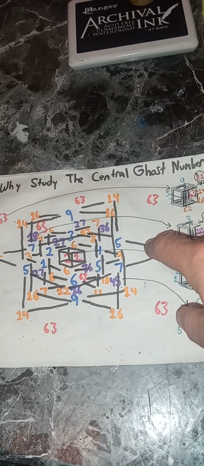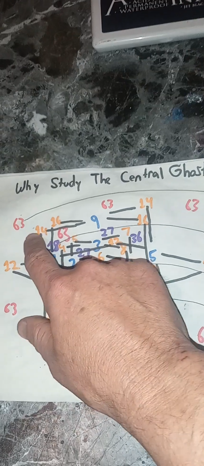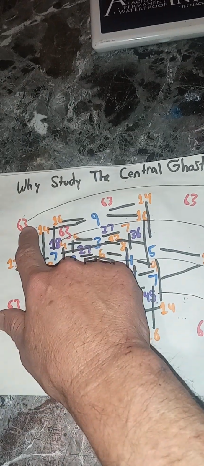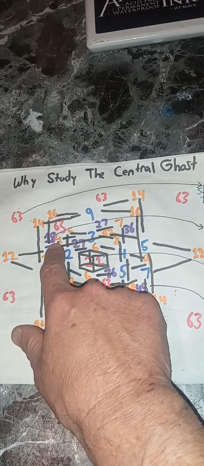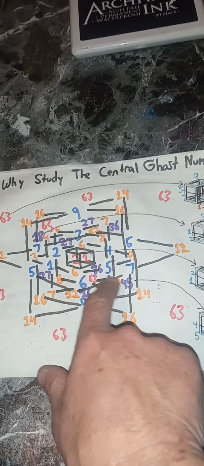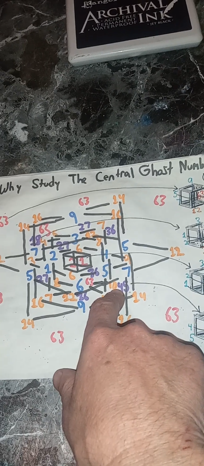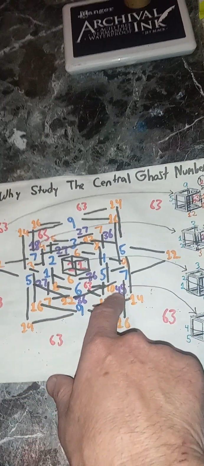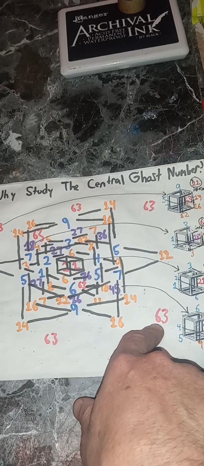Now this is moving on to the central ghost number. With a basic magic ghost number cube, these are the ghost numbers. You have 63 for the outer ghost number, 18 for one of the diagonals of the inner ghost number, 21, the central ghost number itself, and 45, the other inner ghost number in the diagonal, which completes to add to be 63.